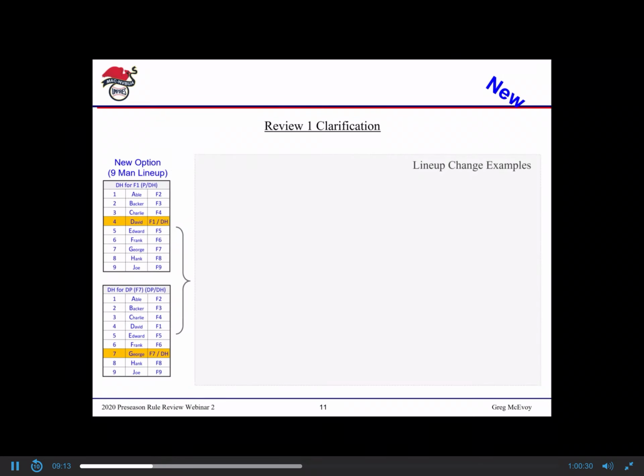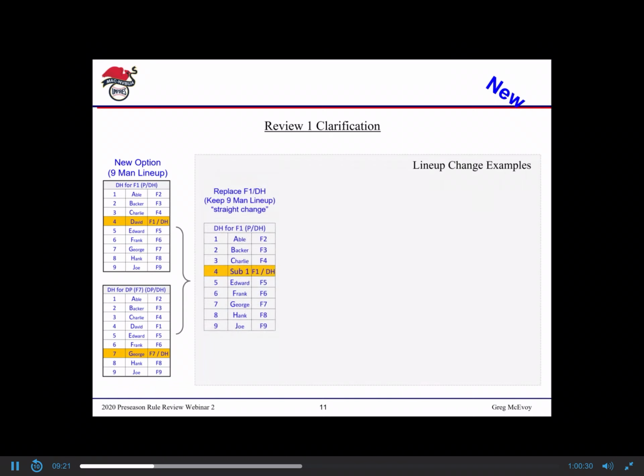So here's our 9-man lineup that would be new for this year. I went through a number of different lineup changes and how they would look. If it's a straight change where they take the pitcher DH or the defensive position DH and just make a straight substitution, that's what we're going to see. We're going to see sub 1 come in for the pitcher DH in this example.